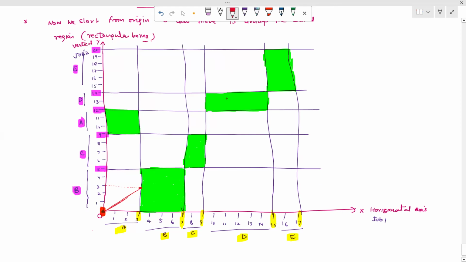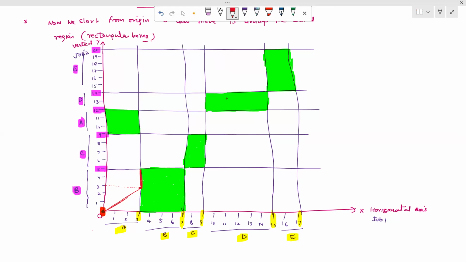Now we are here, but we cannot cross this shaded region. So we move vertically. When you are moving vertically, it means that job one is idle. Job one is not in progress.